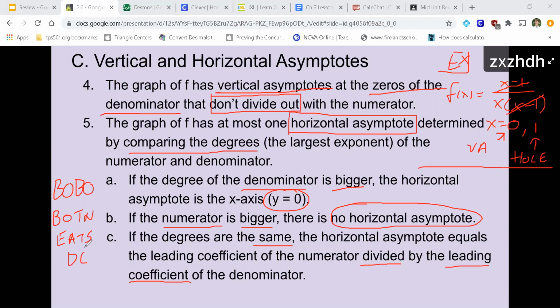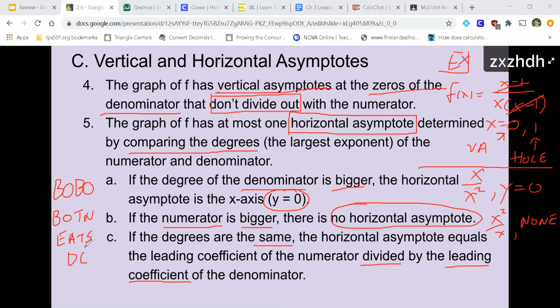So some really quick examples. If you had x over x squared, its horizontal asymptote would be y equals 0. If you had x squared over x, it would have none, or does not exist.